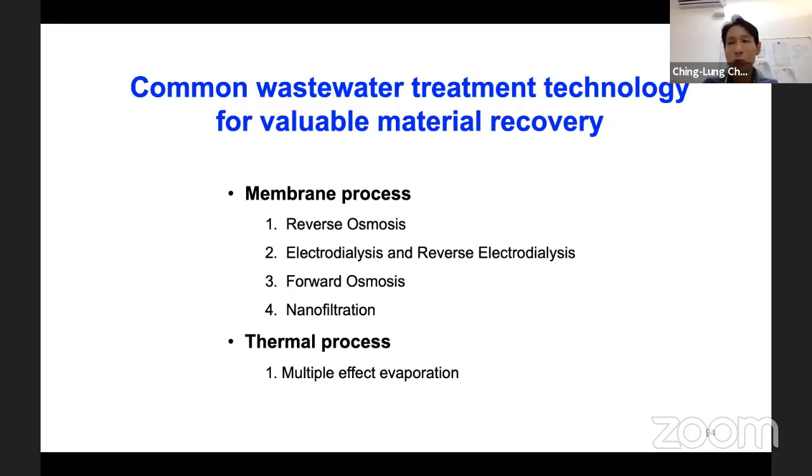It means we need to use a high temperature device to boil the wastewater and make it evaporate. So this is a very expensive process, and that's why the thermal process right now is not practical for industrial purposes.